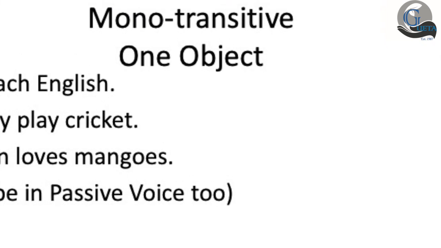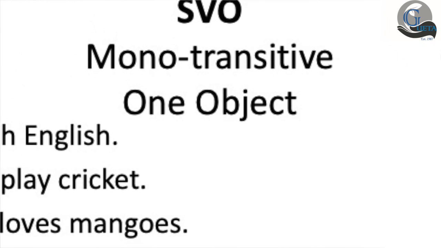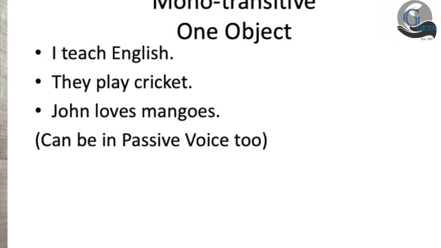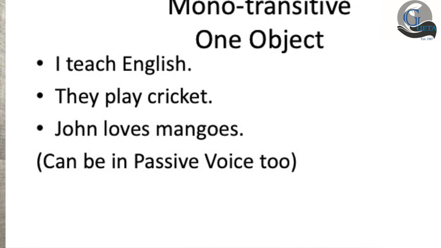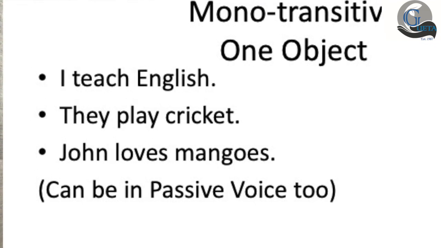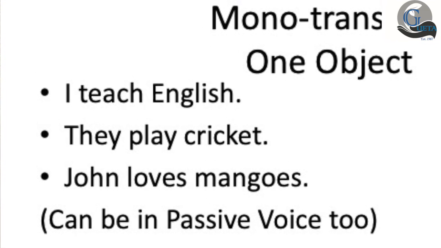Let's move on. The second basic pattern that we are looking at is SVO, which is probably the easiest for you because you have subject, verb, object. I teach English. I is the subject, teach is the verb, and English is the object. How is it different from the first one, SVC?